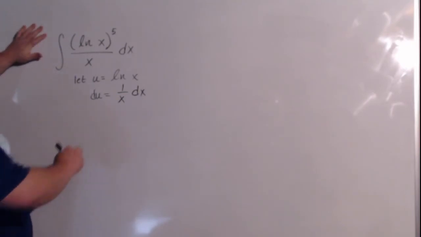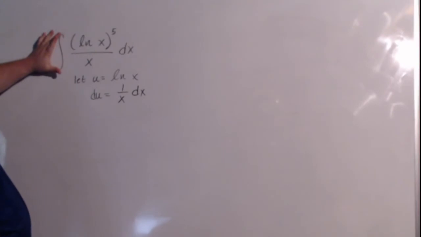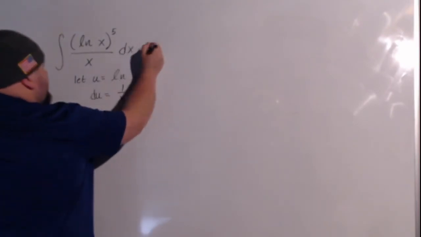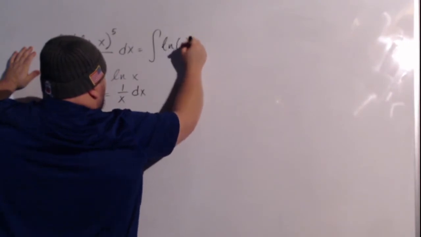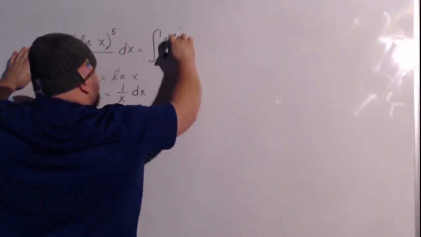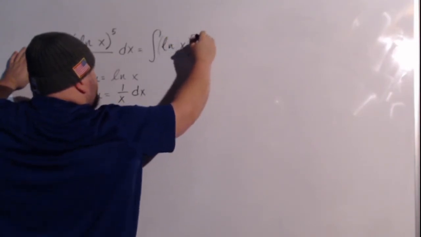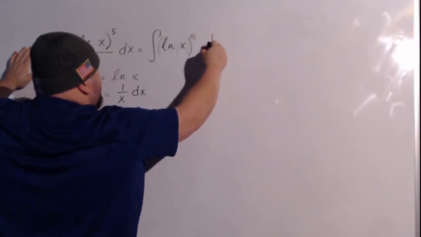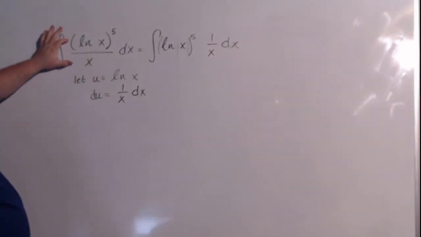So the question is, do you see that 1 over x dx is here? All right, if I rewrote this, maybe you'll see it better. I can divide by x, or I could multiply by 1 over x.